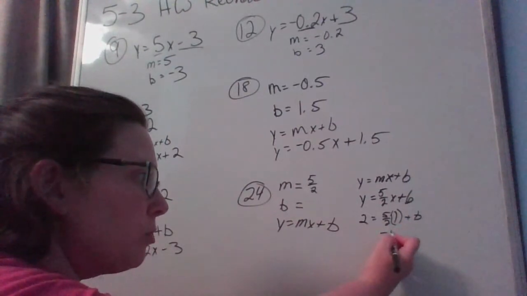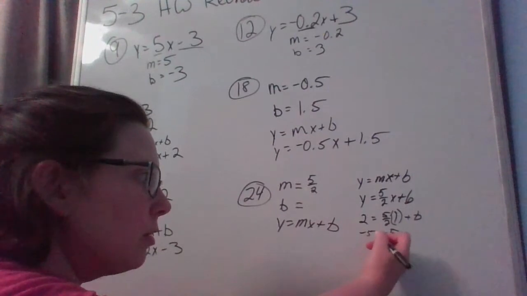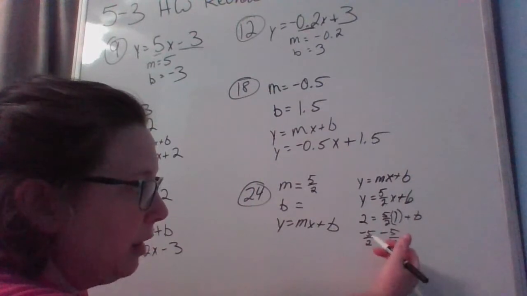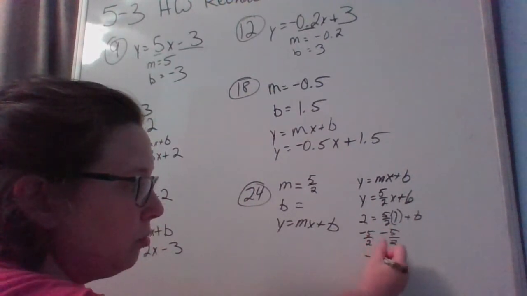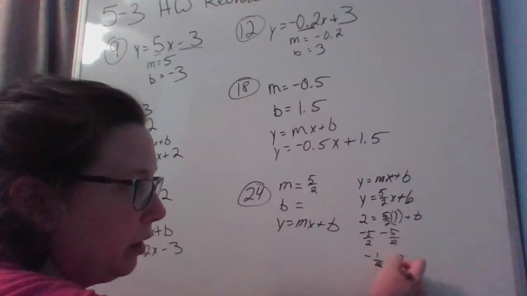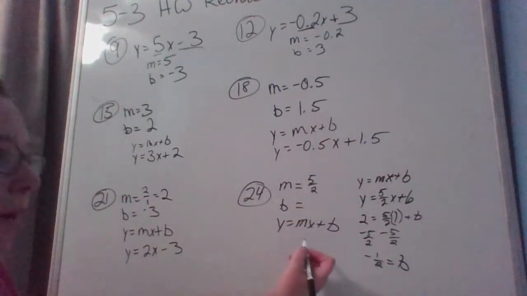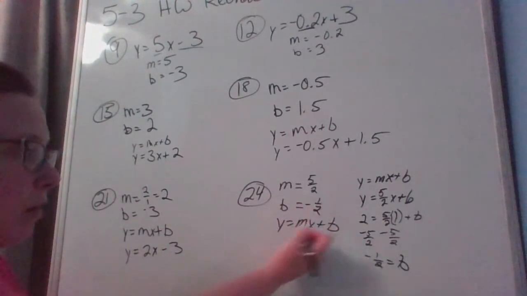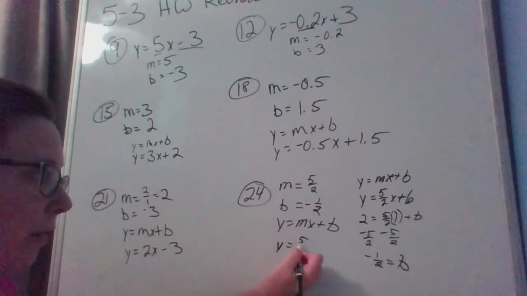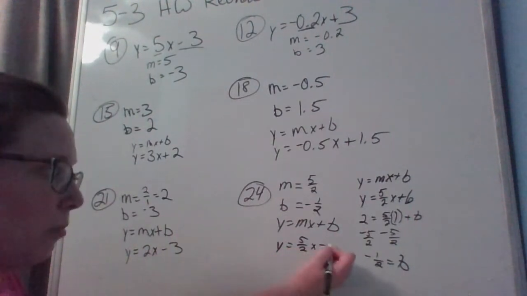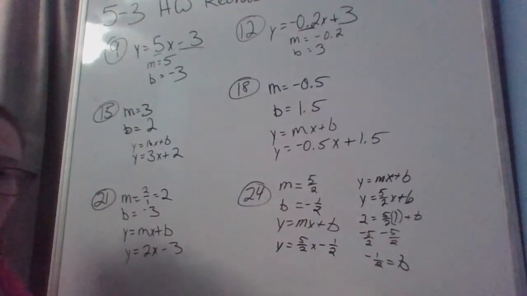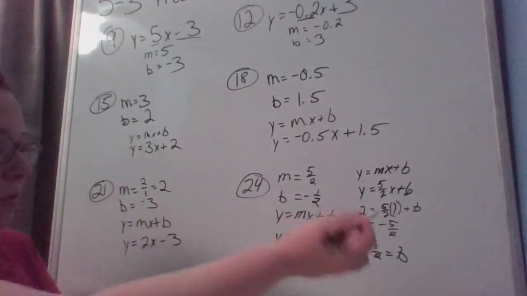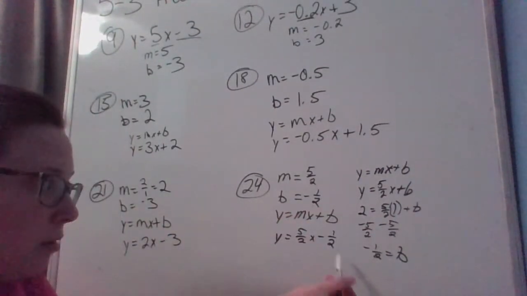I'd have to subtract 5 halves. Remember, 5 halves is 2.5, so -2.5 from 2 would be -1/2 for b. So now I can plug both of those in and say y equals 5 halves x minus 1/2. See that? y equals 5/2 x minus 1/2.